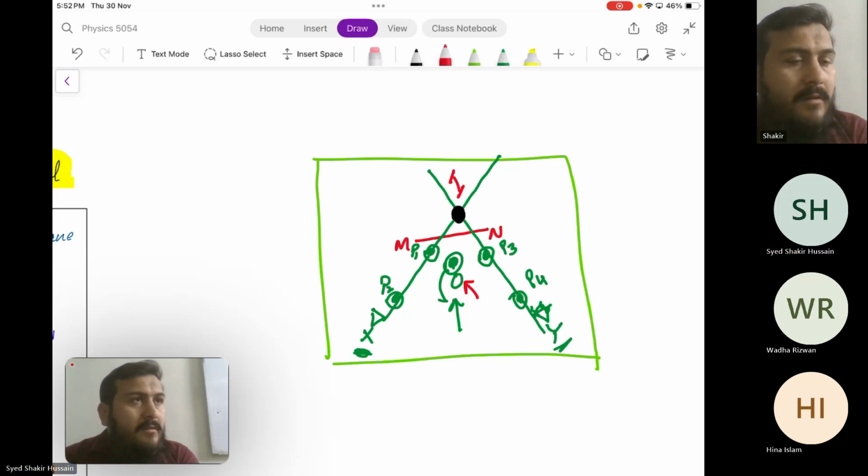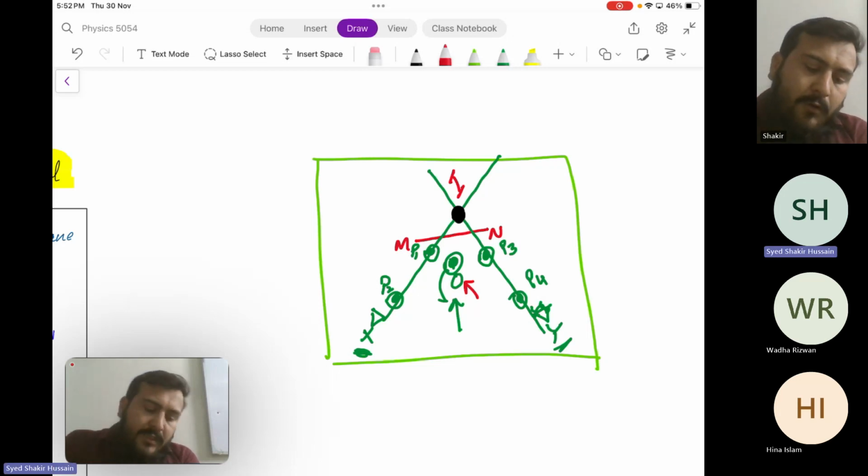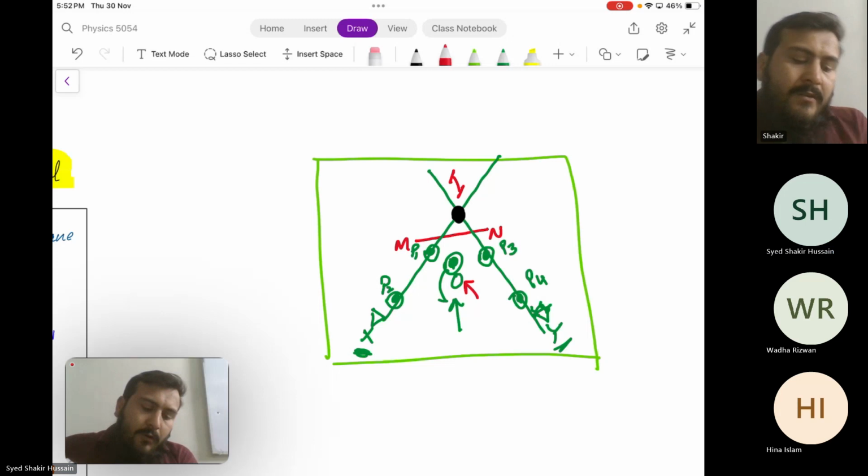Now this image which is formed, the distance of the object from the mirror is the same as the distance of the image from the mirror.